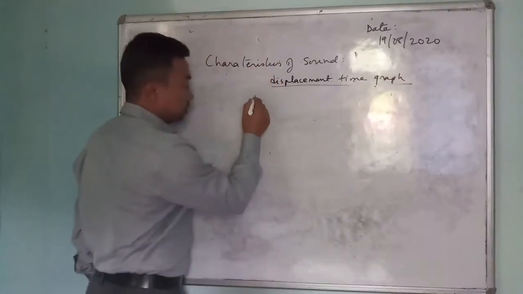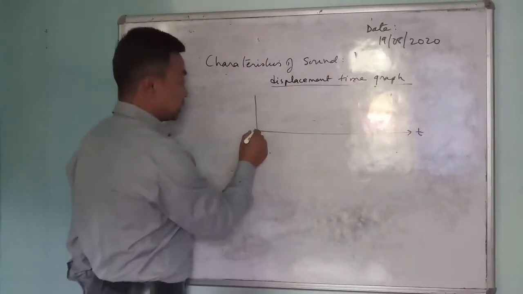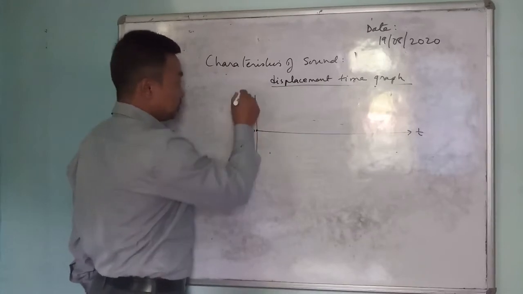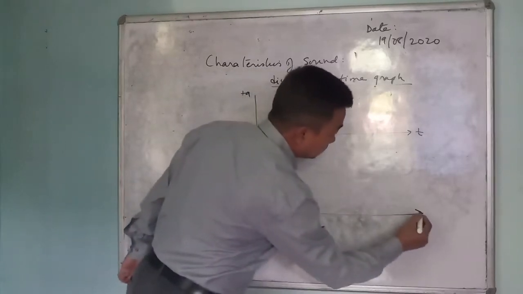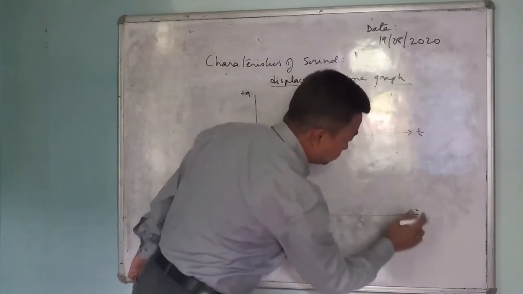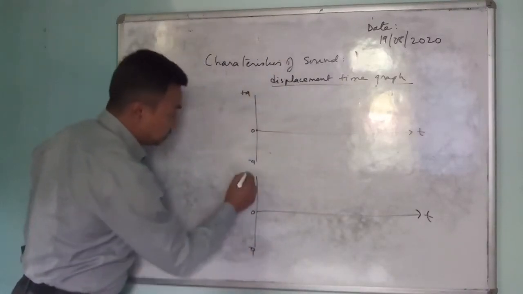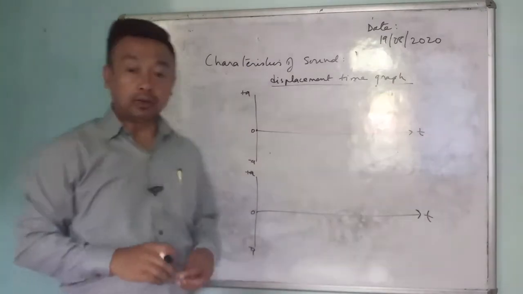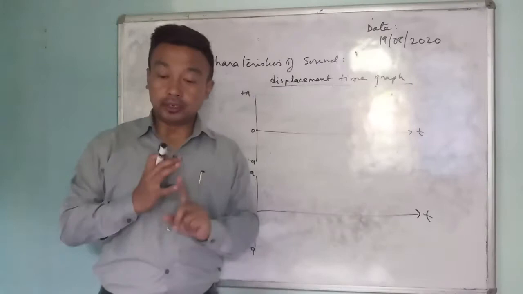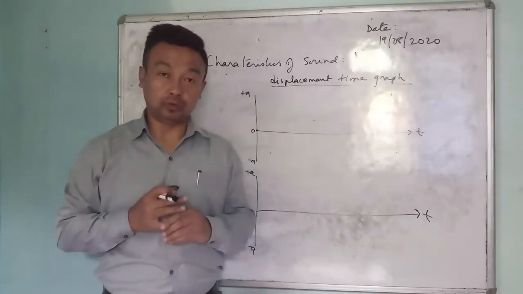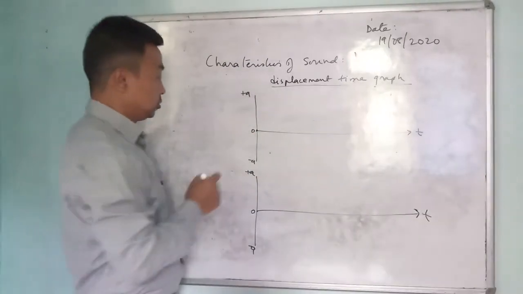Okay, so let me draw. Now here we have got a displacement time graph. I make a similar graph down there with the same time, so that the time limit is same for both. Okay, and the displacement is also same. Now what happens is, these two notes, they have the same amplitude. Okay, now how they differ in the pitch, it is shown this way.